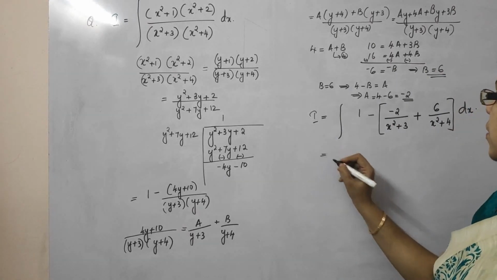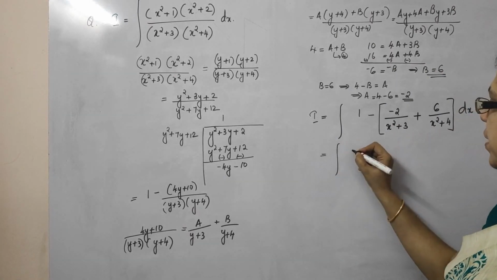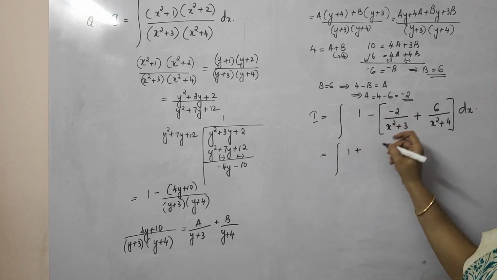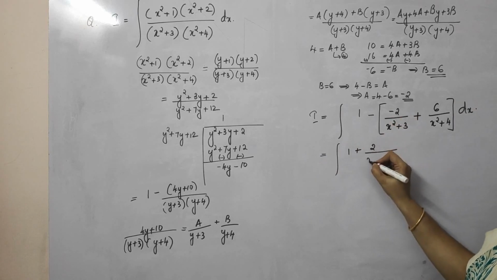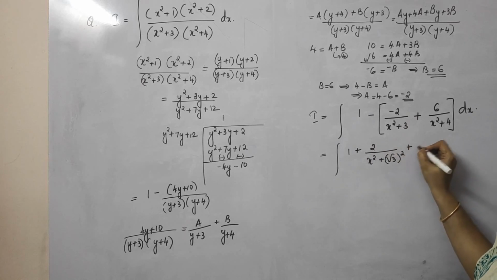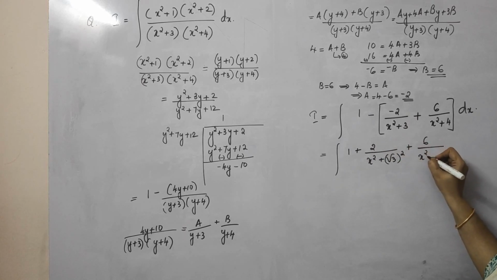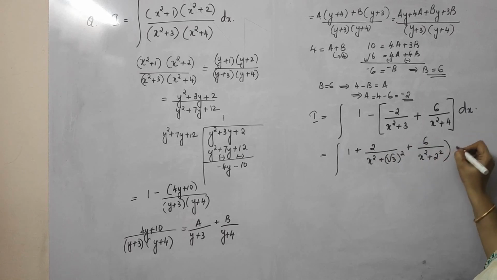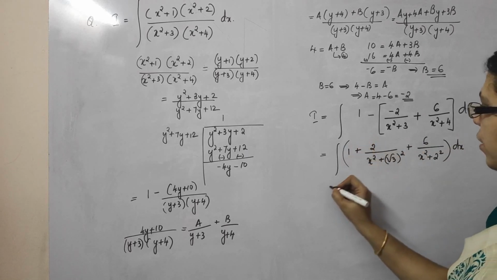So this is equal to, now I am going to integrate this, or I may write one more step: 1 plus this simplification, 2 by (x² + (√3)²) plus 6 by (x² + 2²) dx. Now, what is the integral of this?